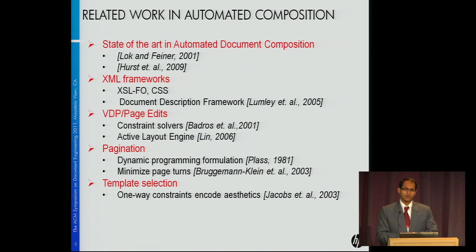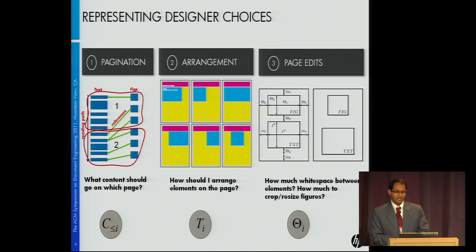And it tries to unify a lot of the work that has been done on handling page edits, pagination problems, and template selection for layout into one framework, which we call the Probabilistic Document Model. Now, the first thing we need to understand is that the Probabilistic Document Model is a representation of designer choice.